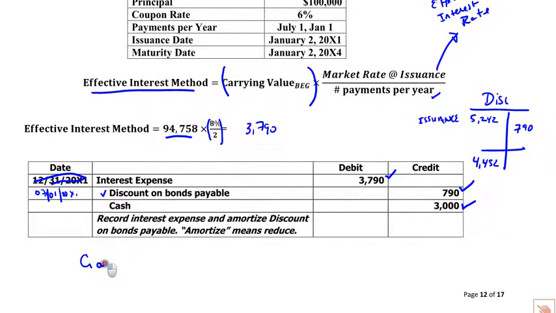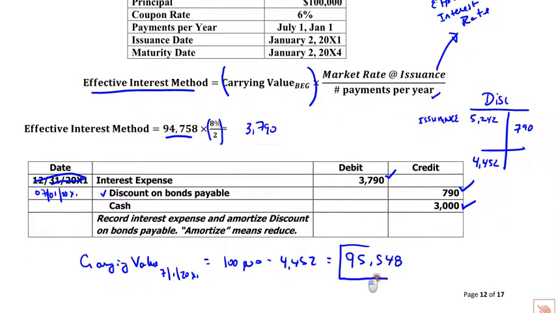So the carrying value as of 7/1/20x1 should be 100,000 minus 4,452, which is 95,548. Okay, and then you would use that number for the next 6 months.